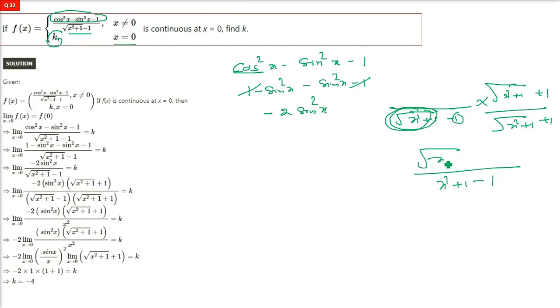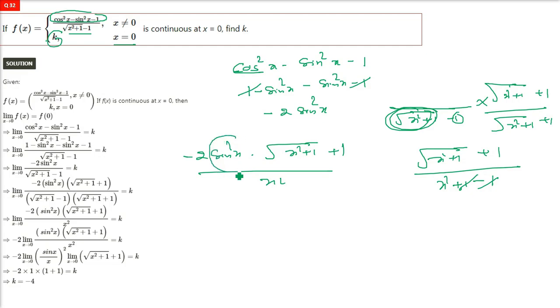In the numerator we get under root x square plus 1. So we get minus 2 sin square x under root x square plus 1 divided by x square. Oh, very good. Sin square x is already there, and x square we have got in the denominator.